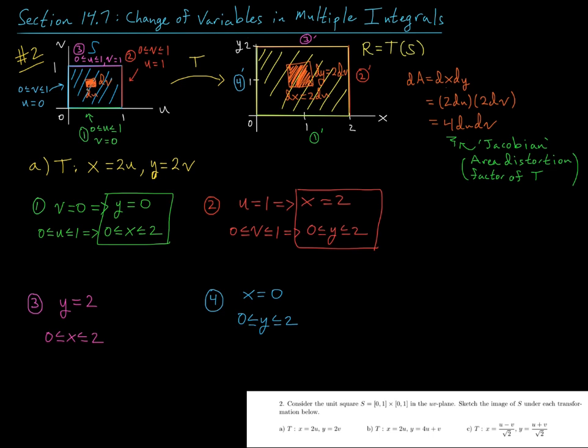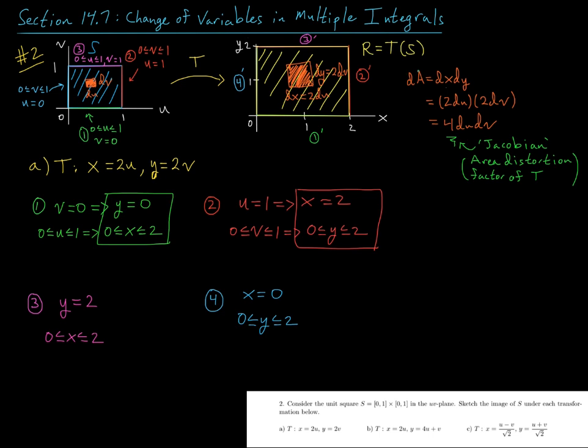If I were to consider a differential rectangle in the square S, so side length du and side length dv, okay, each one of these side lengths, du and dv, will be mapped to lengths twice as long. Okay, so this differential rectangle will get mapped to this differential rectangle with side lengths dx and dy, where dx is twice du and dy is twice dv.